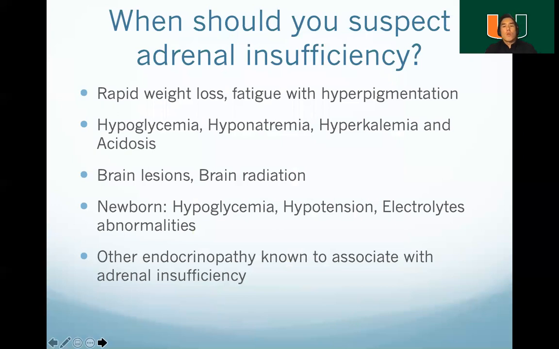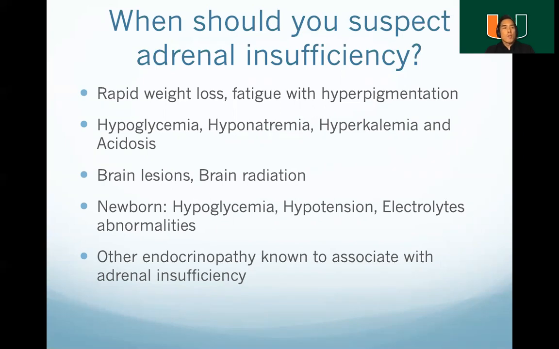So again, I've been stressing the importance of the history and physical exam, because again, in endocrinology, without history and physical exam, we cannot really make an interpretation of our laboratory results. Now, if you ask me what the symptoms of adrenal insufficiency are, it's very broad.